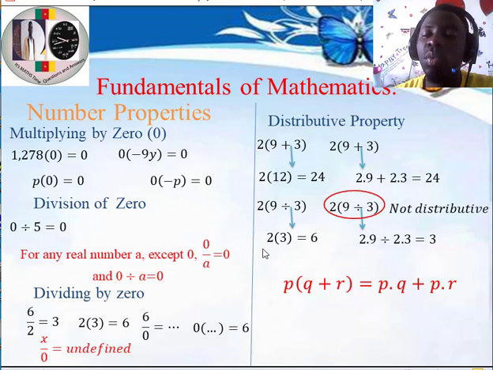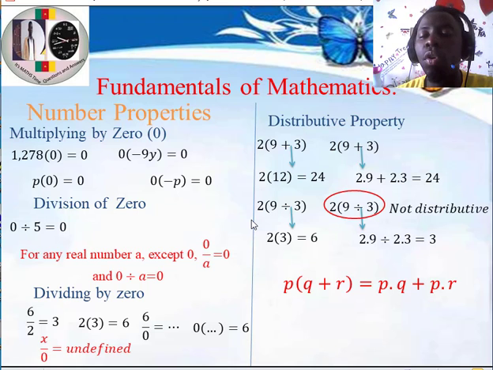Where we have 2 into 9 divided by 3, it is not distributive because the answer is not the same as 9 divided by 3 times 2. Right? That is the law of distribution, and that's where we come to the end of this video today.